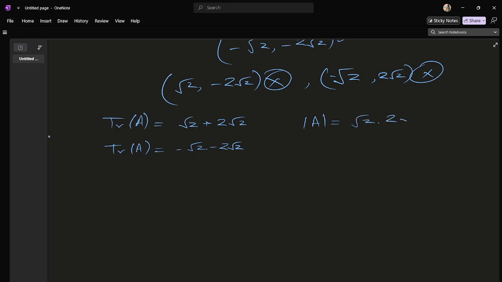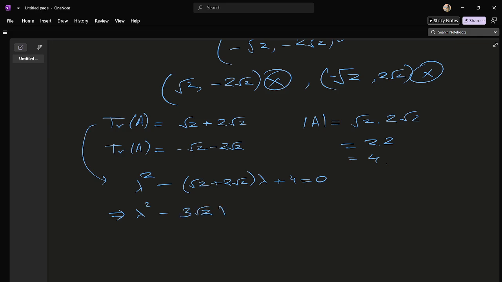That means it will be root 2 into 2 root 2, which is equal to 4. So for this case, the characteristic equation will be lambda square minus (root 2 plus 2 root 2) lambda plus 4 equal to 0. That is lambda square minus 3 root 2 lambda plus 4 equal to 0.